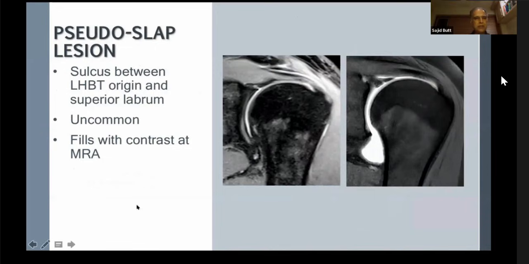You can get to see a little sulcus present between the long head of biceps origin and the superior labrum. That's uncommon. That's not abnormal. Little recess paralleling the glenoid capsule. Cartilage going medially, not a tear.